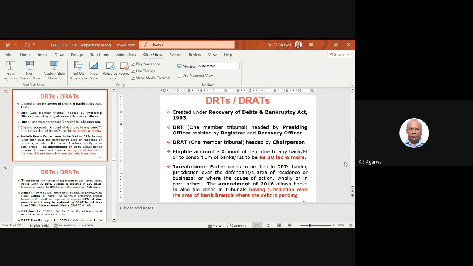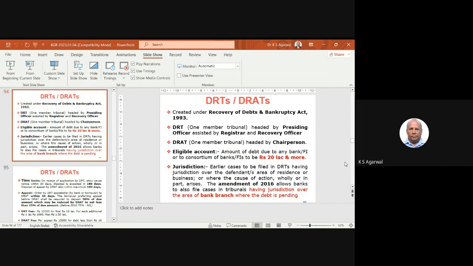So the question is asked like this: who heads DRT? We have to say PO, presiding officer. Who heads DRAT? Chairperson. In DRT, presiding officer is assisted by registrar and recovery officer. Now, eligible amount of debt due to any bank or financial institution or consortium of banks or FIs to be rupees 20 lakh and more.